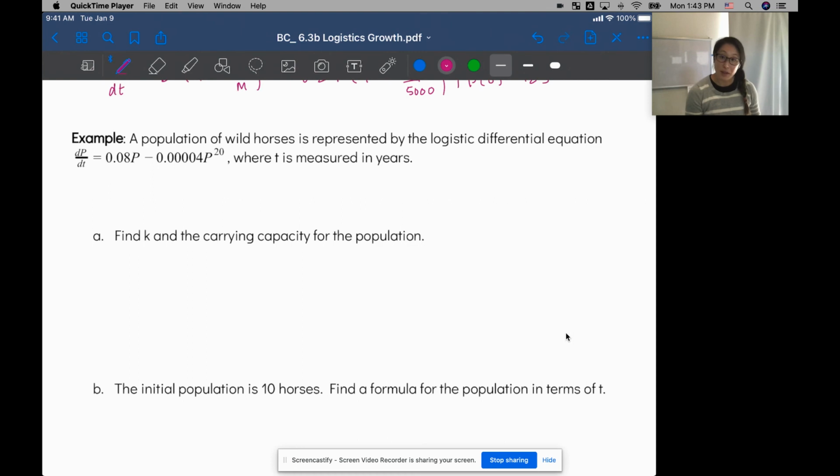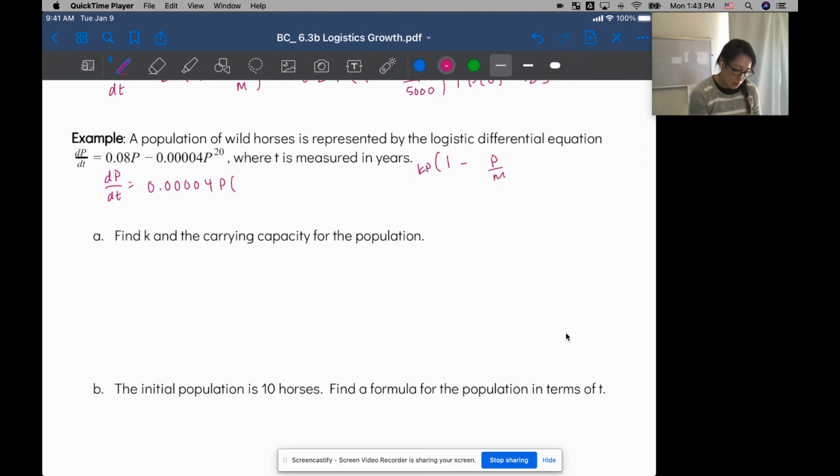Now, this one doesn't quite look like the logistics function that we know, so I'm going to change its form. I'm first going to GCF out a P. Actually, you know, I want it to look like k times P times 1 minus P over M. So I'm actually going to GCF out a 0.00004P.